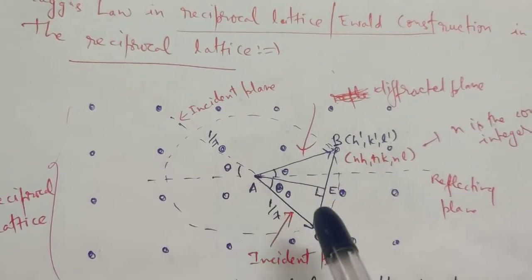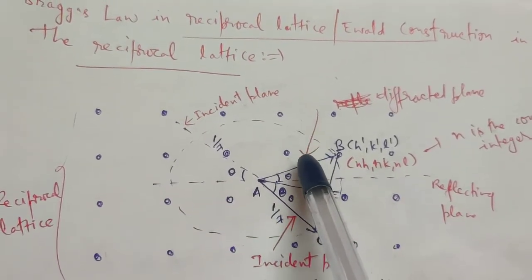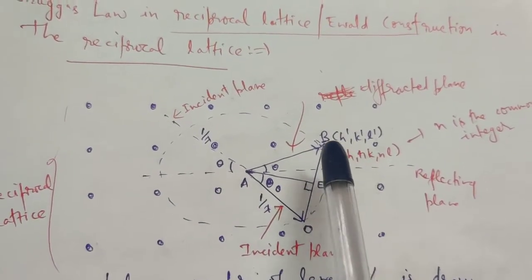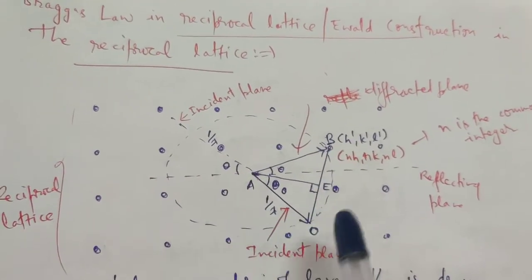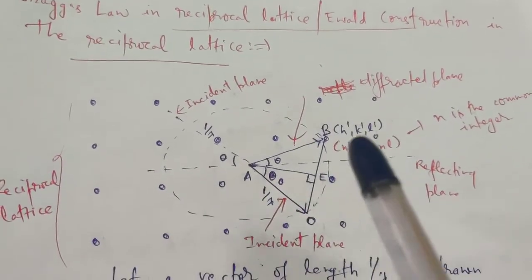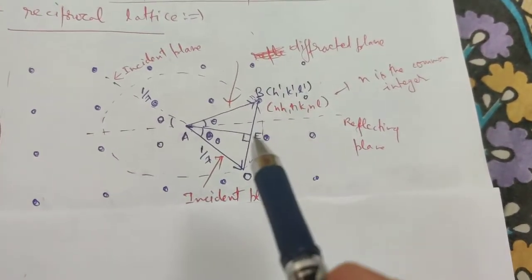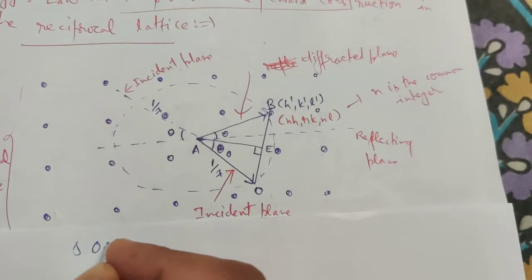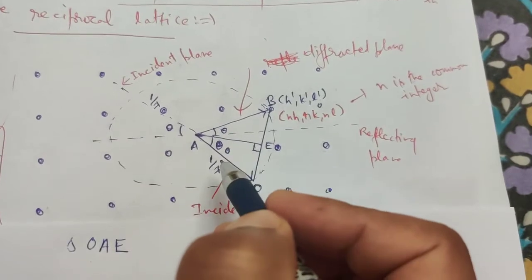Let us draw the line vector AB. This represents the incident plane and this represents the diffracted plane. Now the X-ray will be diffracted by this point B. From here in this reciprocal lattice we will deduce Bragg's condition for which this X-ray diffraction takes place. Using the right angle triangle OAE, this is the perpendicular, this is the base, this is the hypotenuse.